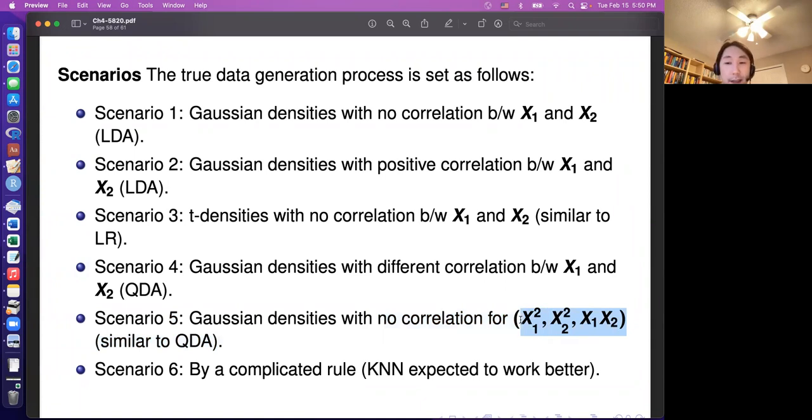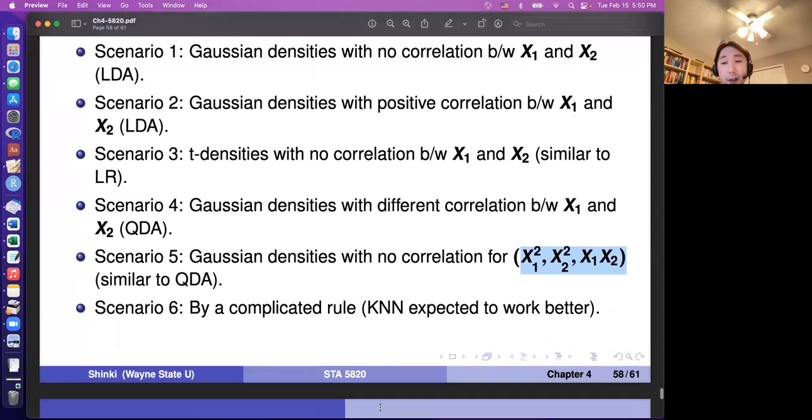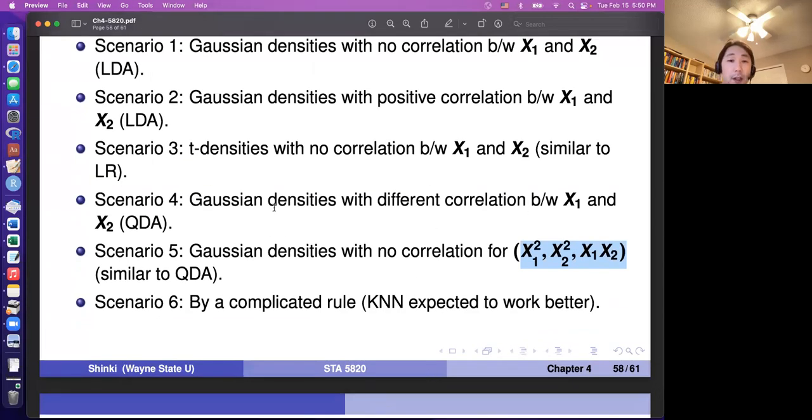Actually in the past, one student did logistic regression with these terms, and it works much better than the usual logistic regression. So the point is that LDA and logistic regression are really simple models, but if we add additional terms, sometimes they outperform QDA or KNN or even more advanced methods such as support vector machine.